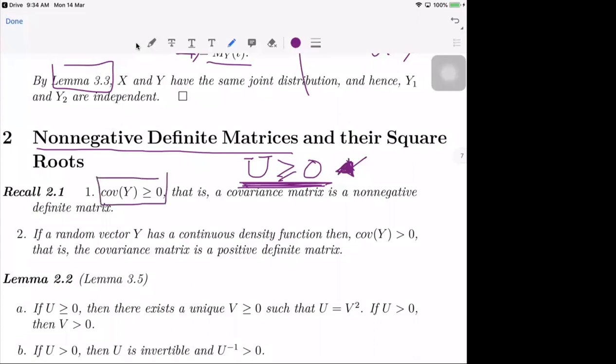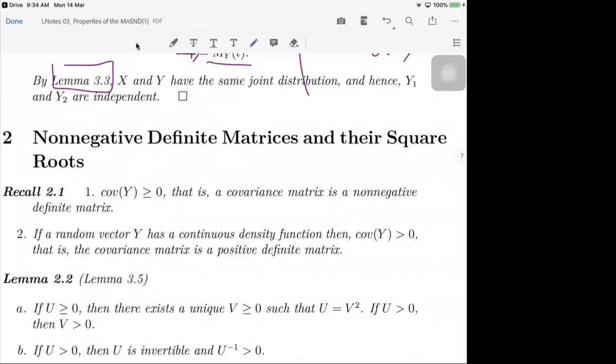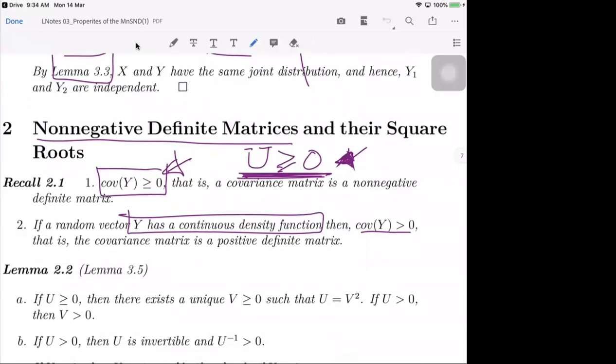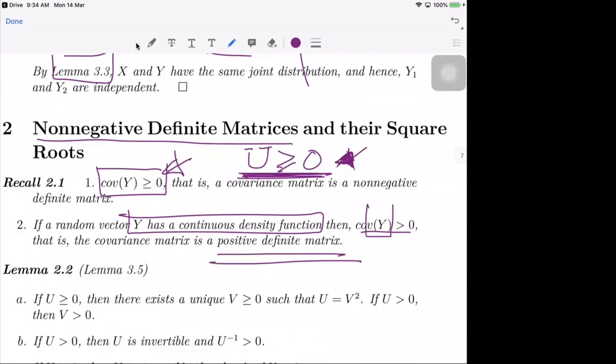Now, the covariance of your random vector y is always a non-negative definite matrix. And this becomes a positive definite matrix if your y has a continuous density function. So if your y has a continuous density function, then the covariance of y will become a positive definite matrix.